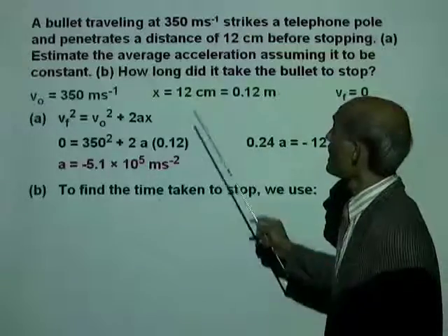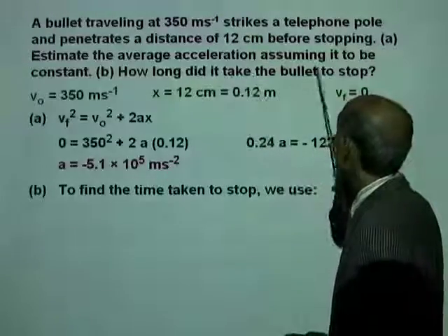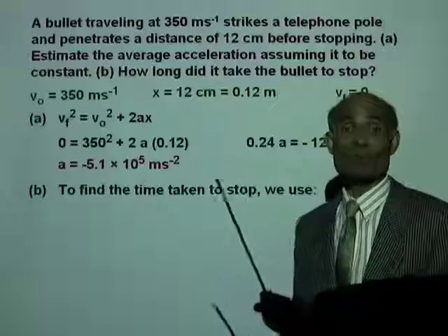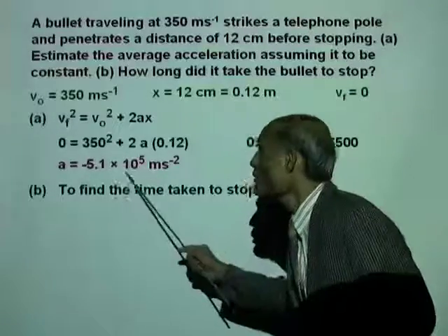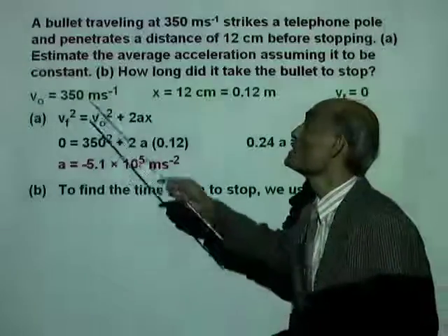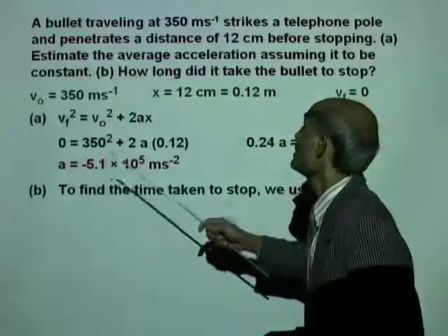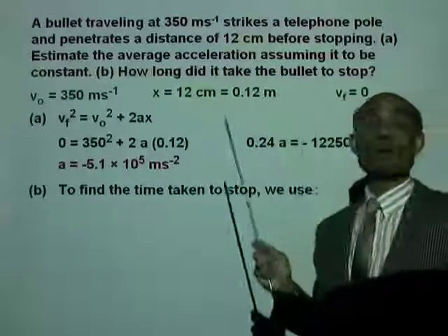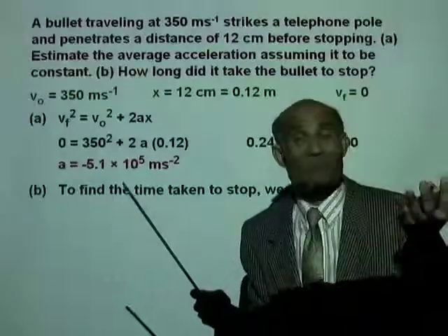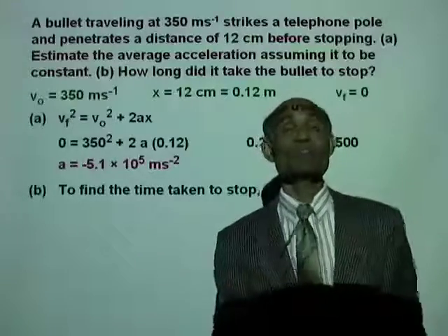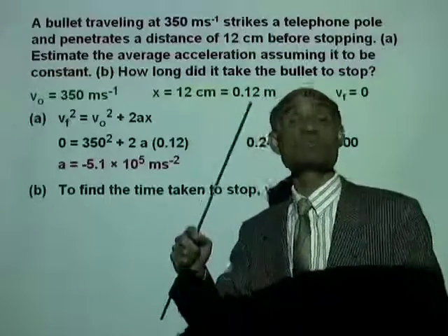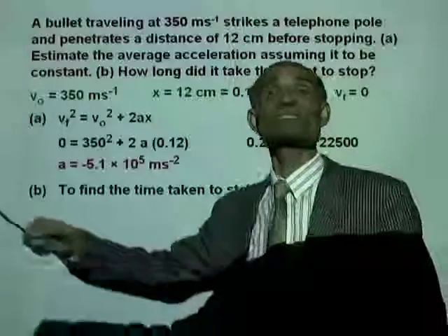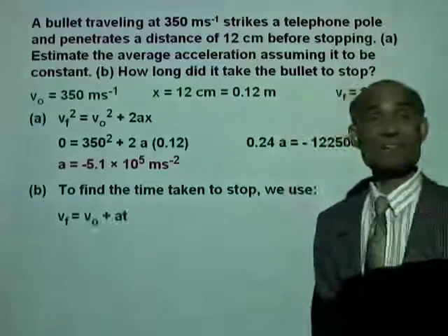What's the next part? How long did it take the bullet to stop? You see, now that we know the acceleration, we know the initial velocity, we know the final velocity, we can find time using the first equation. Vf equal to V0 plus at. Is that right?